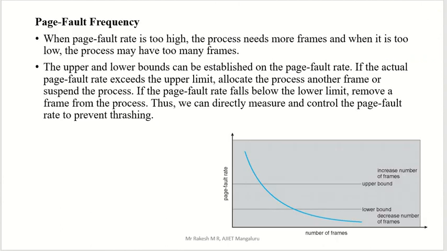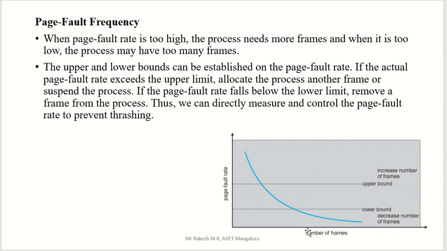The second method is page fault frequency. What do you mean by page fault frequency? See this one here. When the page fault rate is too high, the process needs more frames, and when it is too low, it needs fewer.